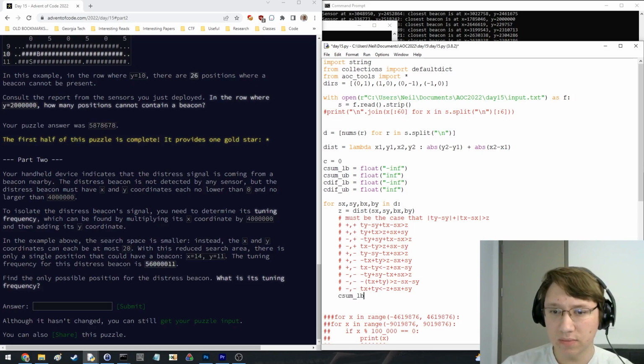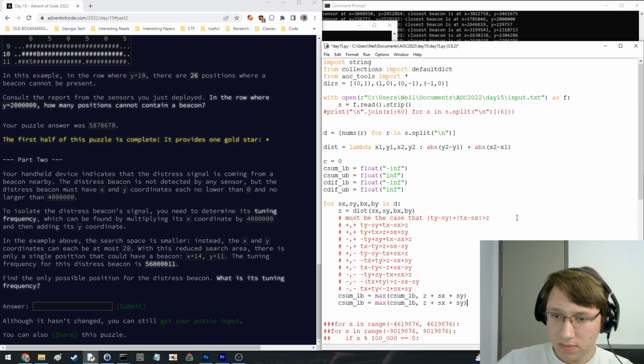So the sum lower bound, we're trying to make this as large as possible lower bound. The sum must be at least z plus sx plus sy. And the upper bound can be no larger than minus z plus sx plus sy.